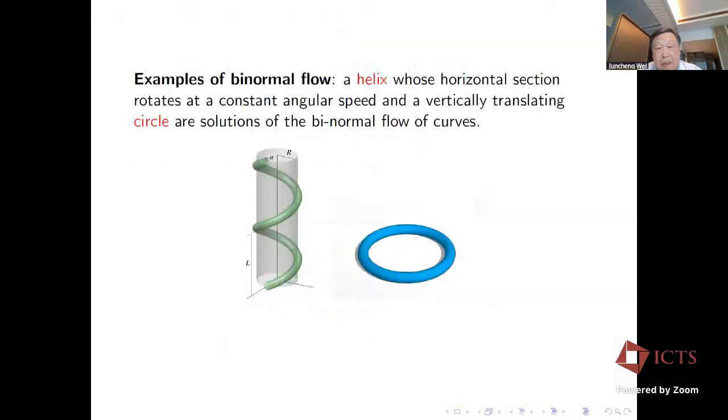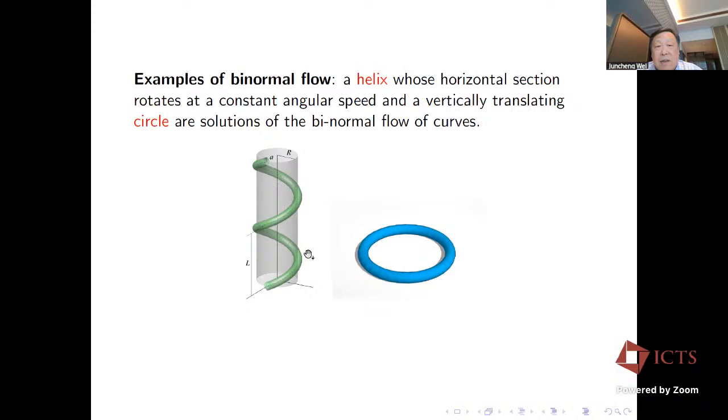What are the examples of binormal flow? First, the helix is a binormal flow, rotating at a constant angular speed.